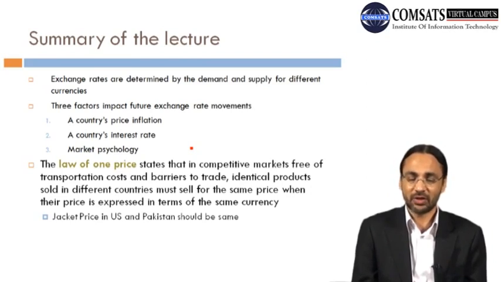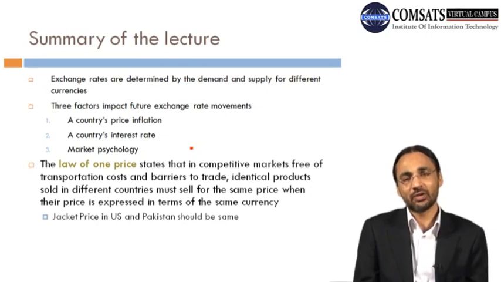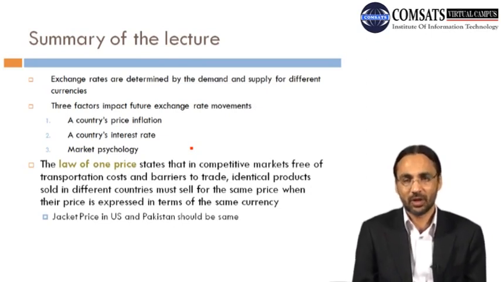The law of one price states that in a competitive market, free of transportation cost and barriers to trade, identical products sold in different countries must sell for the same price when their price is expressed in terms of the same currency. The thing that you are buying in one market, you should be able to buy at the same price in the other market. This is the basic concept of the law of one price.